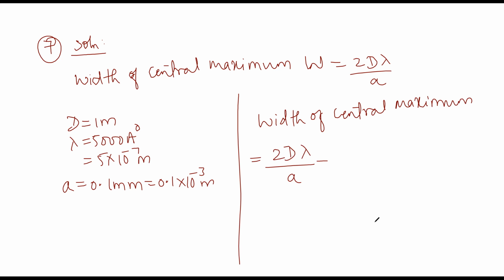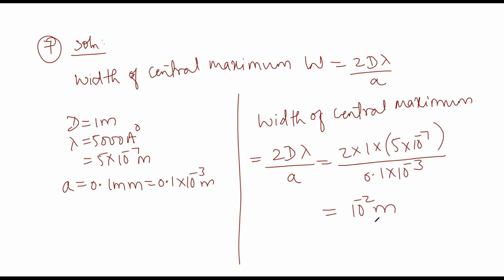Substitute: 2 × 1 × 5 × 10⁻⁷ divided by 0.1 × 10⁻³. Simplifying, it comes to 10⁻², and this is the width of the central maximum. Got this one? Okay, next we shall see the 8th one.